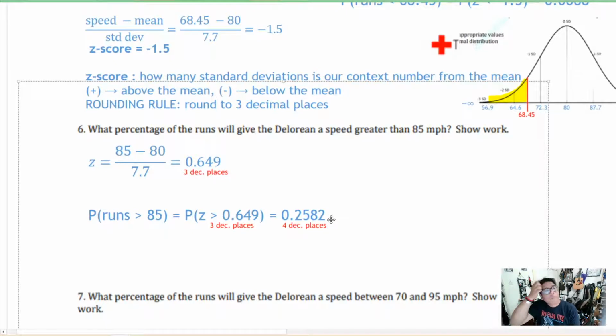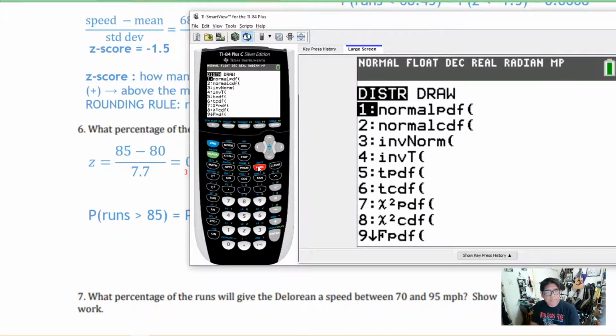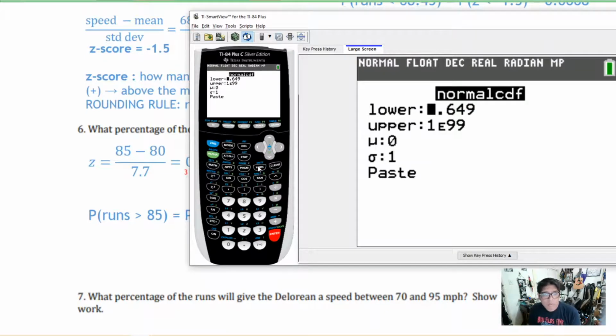One thing we should also talk about while we're here is that in the calculator there is a place for me to put in the mean and the standard deviation, which means there's another way of doing this. If I want to know all of the speeds that are greater than 85 miles an hour, the upper limit is still infinity, the mean is 80 and the standard deviation is 7.7.